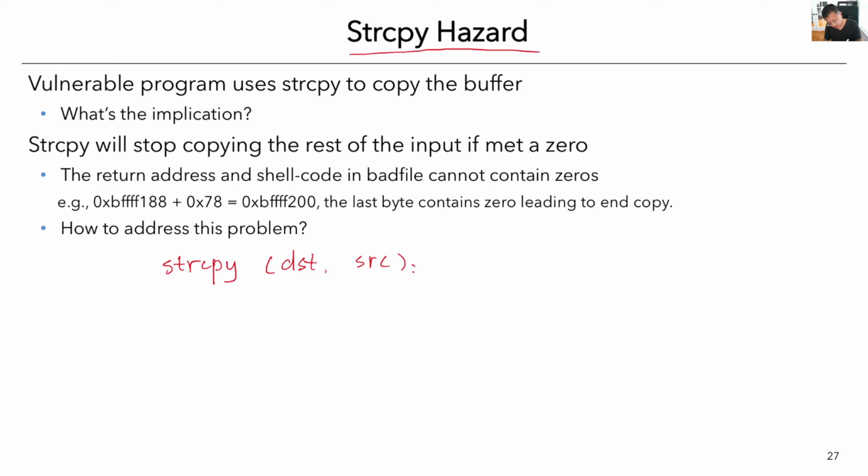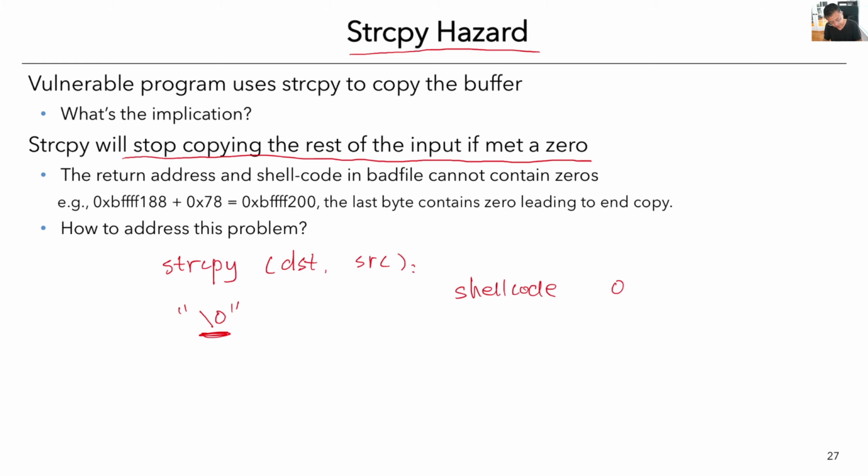String copy assumes a string is terminated by a 0 byte, so whenever it finds a 0 byte, it stops copying the rest of the input. This means your shellcode cannot contain 0 bytes.